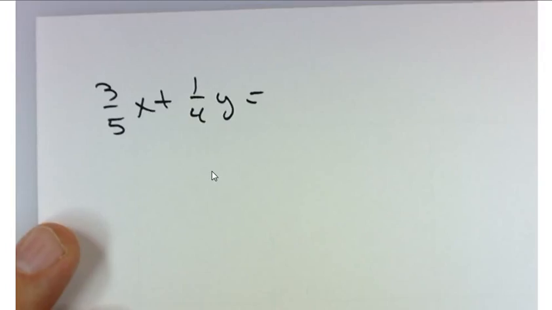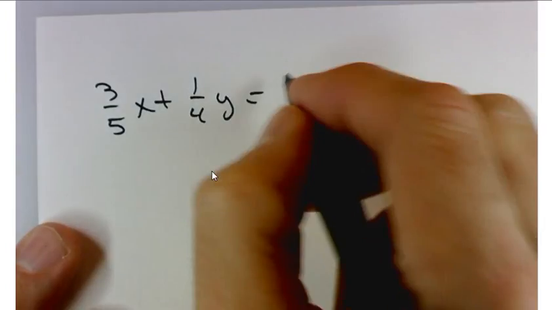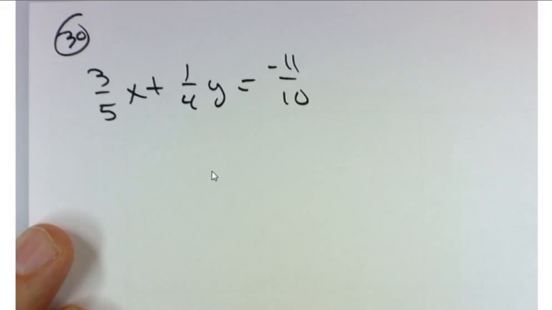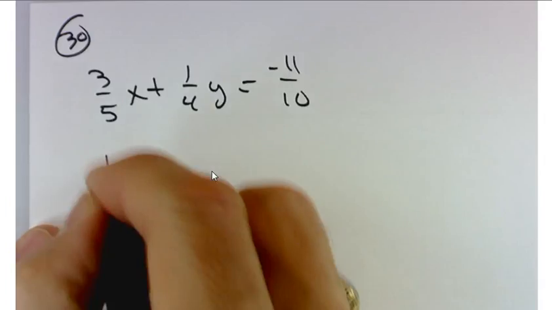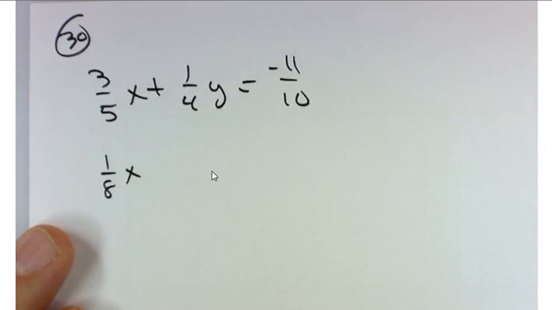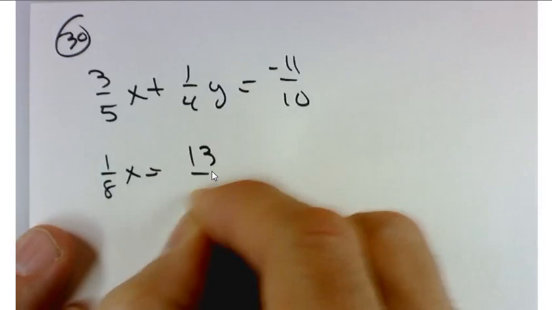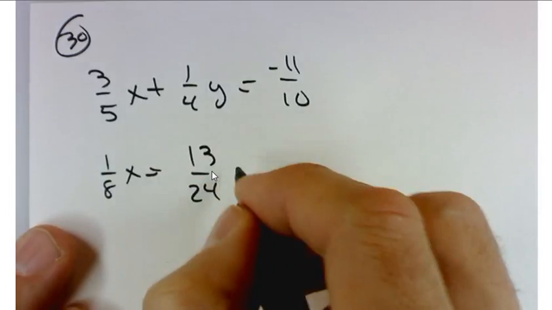This is number 30. And 1/8 x equals 13 over 24 plus 1/3 y. Okay.